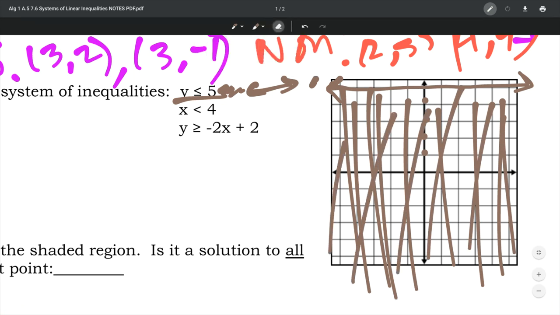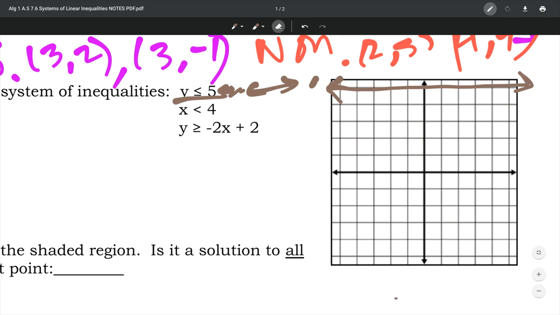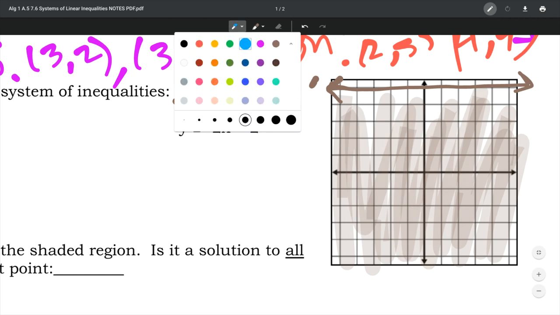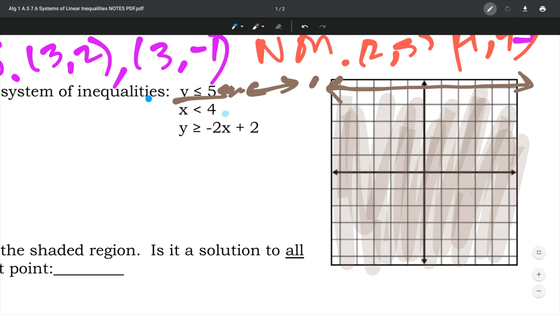Now I'm going to go ahead and actually use the highlighter so it's a little bit easier for us to see on here. All right, the next one that we're going to do is x is less than 4. And this one's going to be a dashed line and open circles.